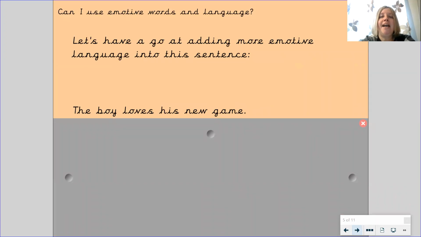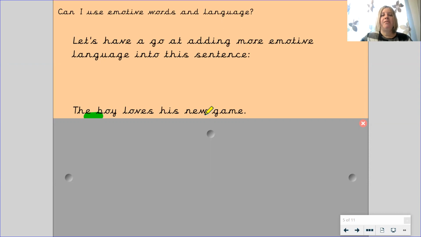Let's have a go at adding more emotive language into this sentence. Let's think about what we could change in our sentence. Let's start by identifying the adjectives and the verbs in our sentence. We can describe what the boy is like by adding some adjectives here.